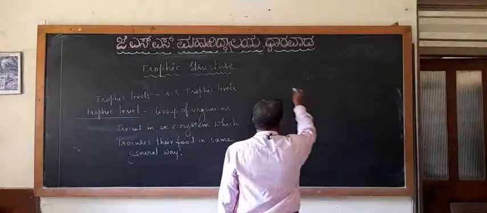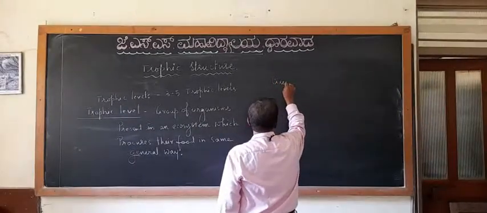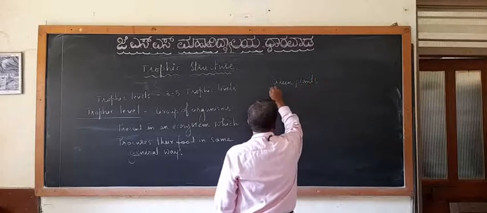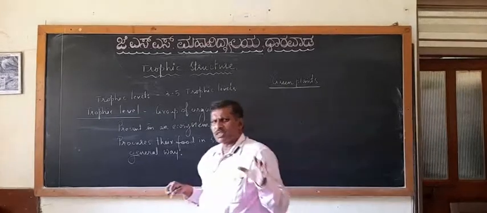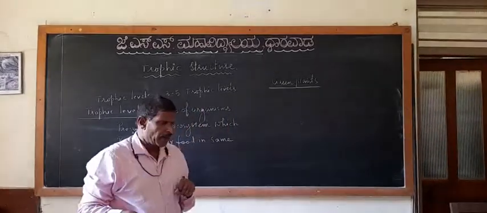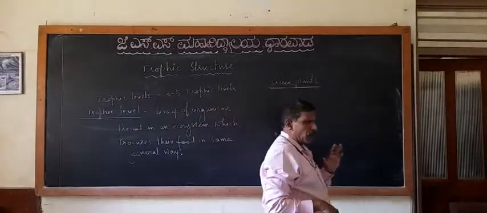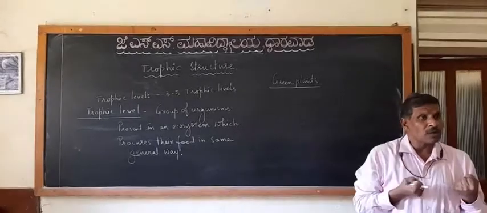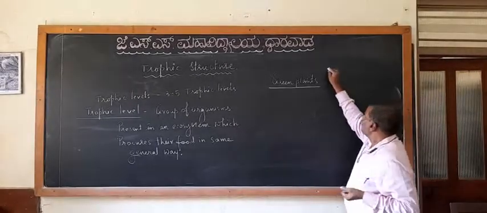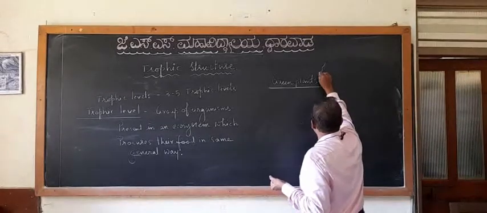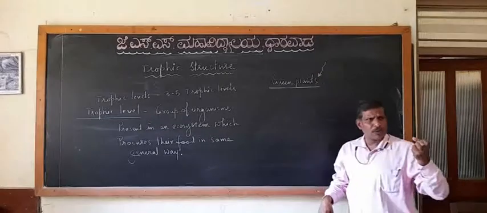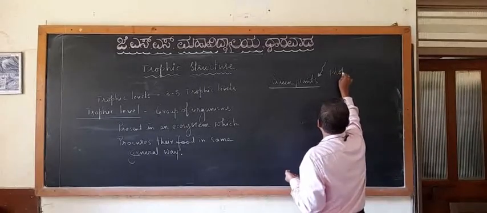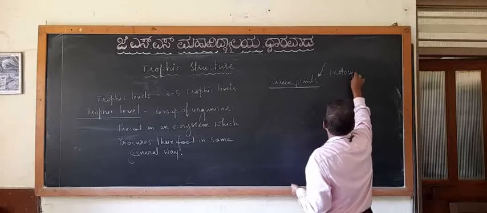For example, I am considering green plants. Usually, green plants are present in all the ecosystems. All the green plants procure their food in the same general way. How do the green plants procure their food? They procure their food by way of photosynthesis.